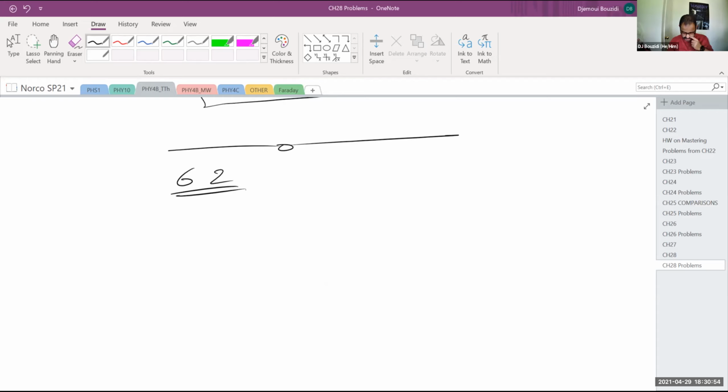Except 63 has to do with the integration of an exponential. The other one has to do with the integration of polynomials, okay? And then we probably have to discuss problem 49. Okay, so we have quite a few things to talk about. So that's problem 62. So problem 62, basically they gave you this shape.